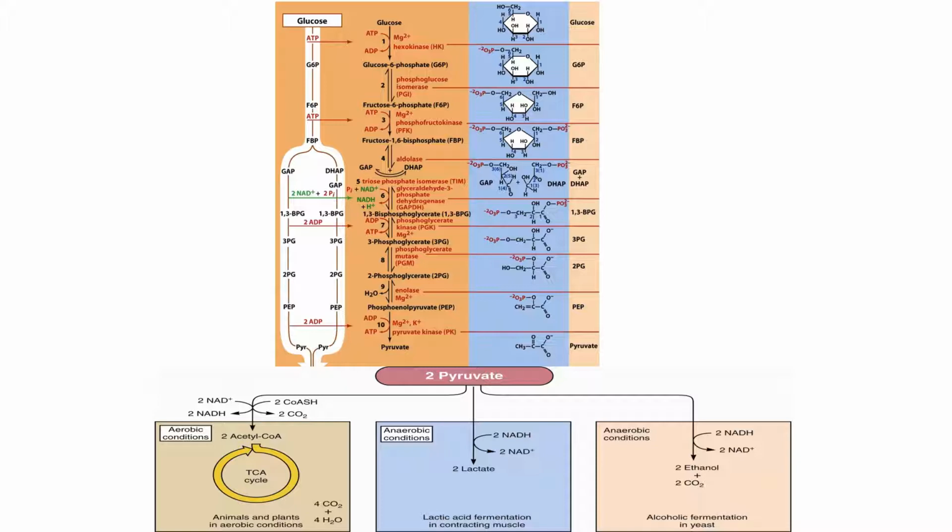But what I want to point out here is that pyruvate, the product of glycolysis, can be utilized in several ways, and that really depends upon the needs of the cell. If we're talking about our bodies, for example, animals and plants.